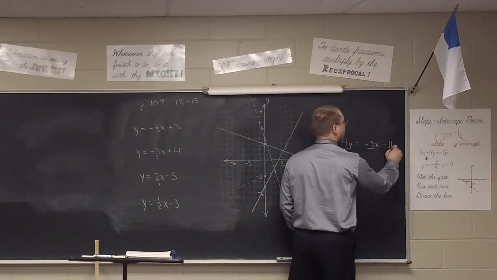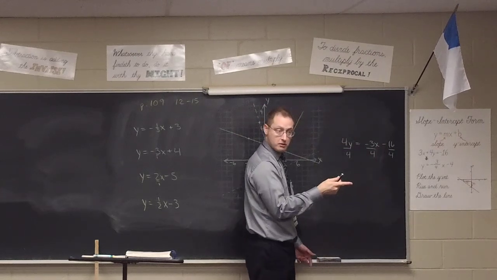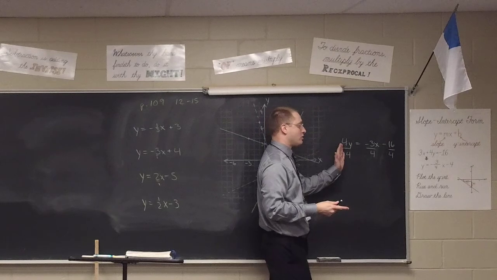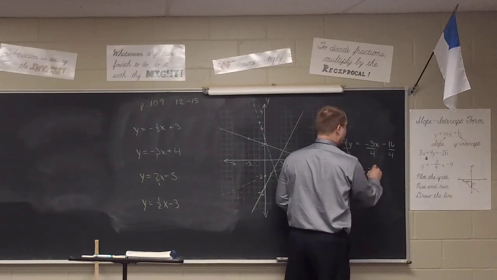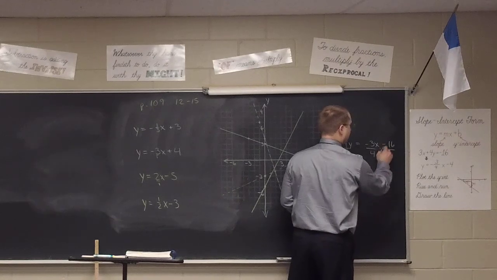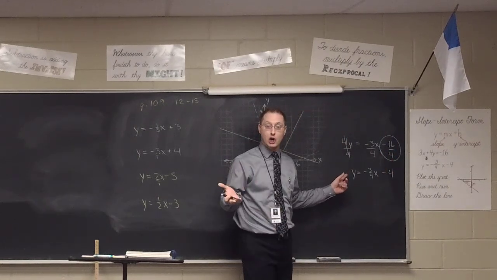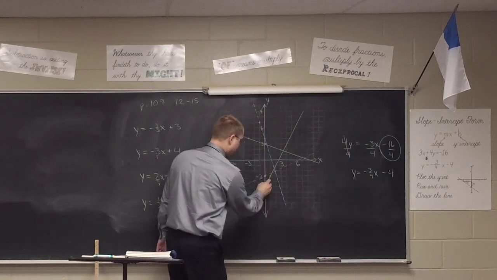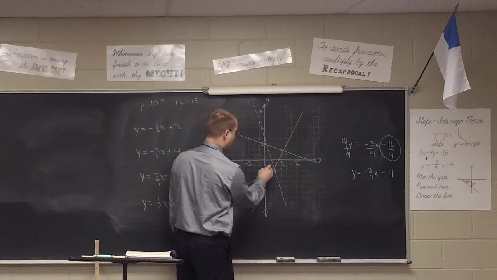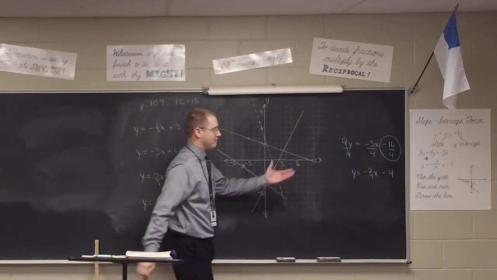And then you can divide both sides by 4, but that's no different than dividing every individual term by 4, giving us negative 3/4 x minus 4. So once you get it, negative 4, rise 3, run backward 4, draw the line, as you see there.